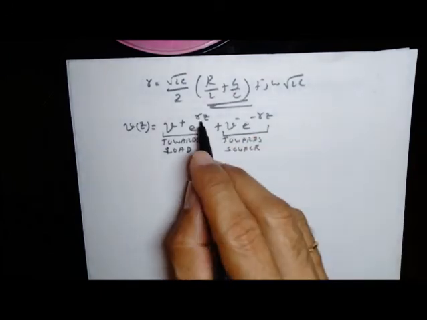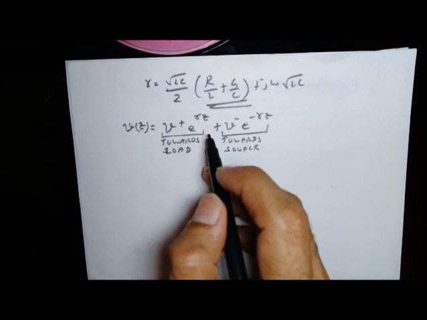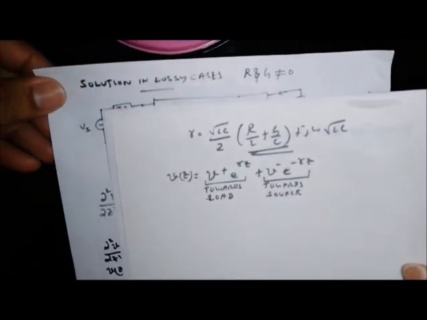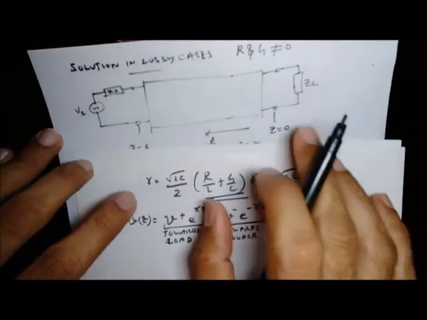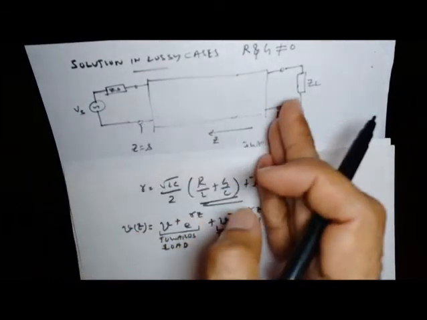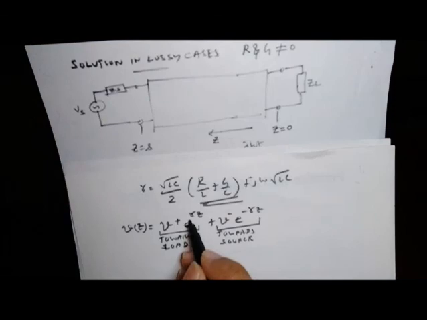You can take a look at the numerical sign here. Plus gamma z is taken as towards the load, because if you see the figure here, we have considered the schematic like this. Z is in this direction and the signal, the so-called forward from source to load, is propagating in the negative Z direction, and hence this change in the numerical sign.